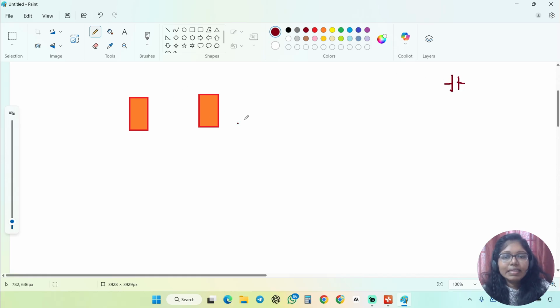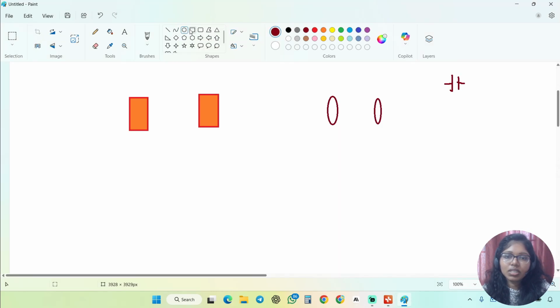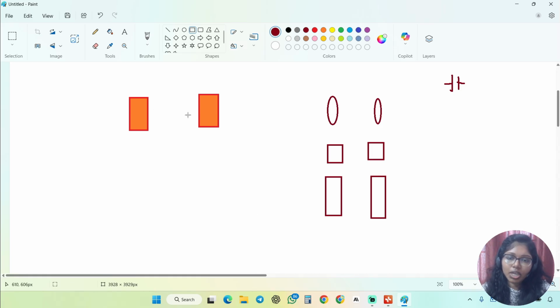But these two metal plates can be in different shapes: square, circle, rectangle. So it can be in a square shape, a rectangular shape, or a cylindrical shape. Different types of shapes are available for these metal plates.